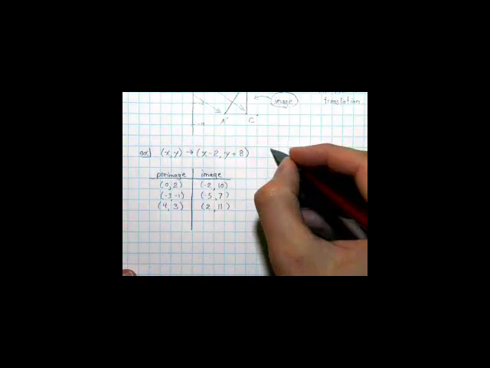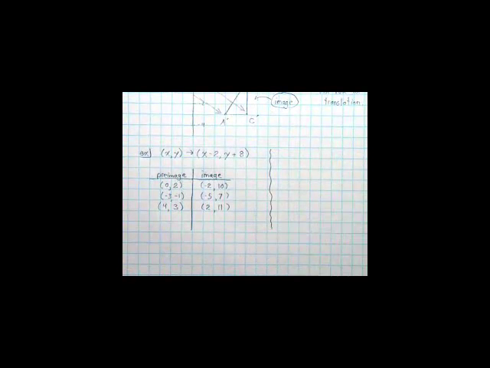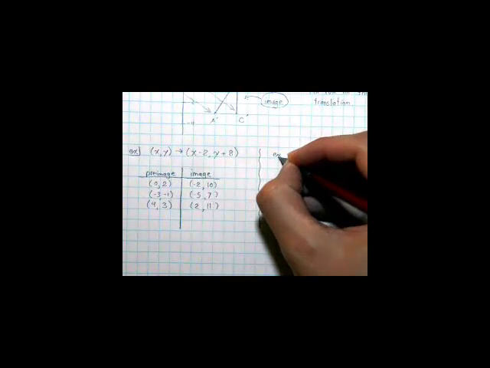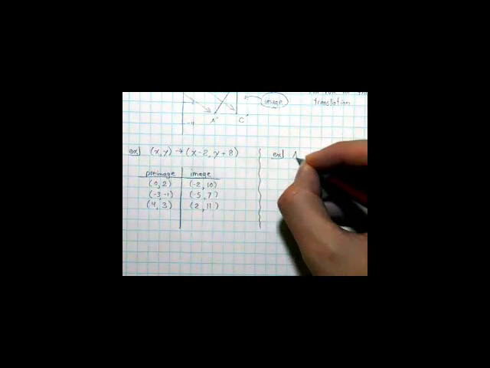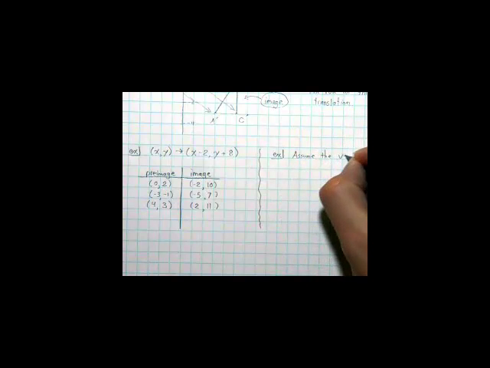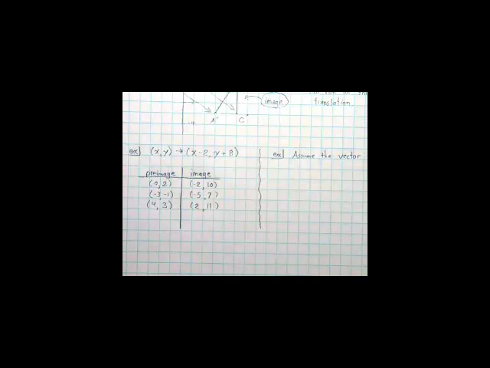You might be asked to do a translation by hand without having to graph it out and all that kind of stuff, by using a vector. And we talked a little bit about that with our vocab.